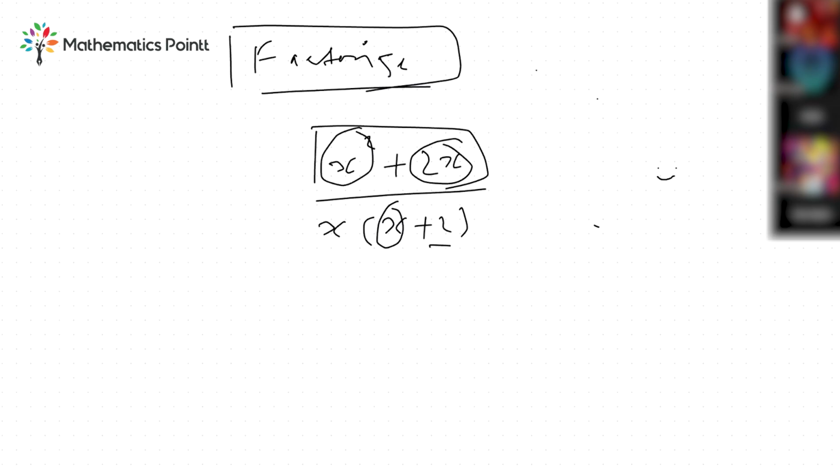Now, let's throw some more challenge. If I say negative x squared minus 2x, can you tell me if you factorize this, what will be the answer? Factorize this.